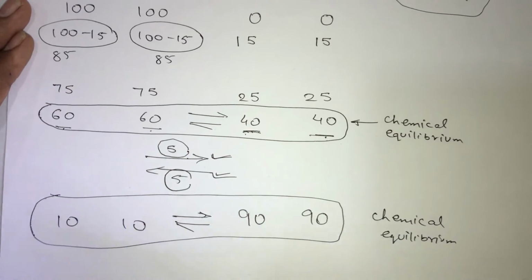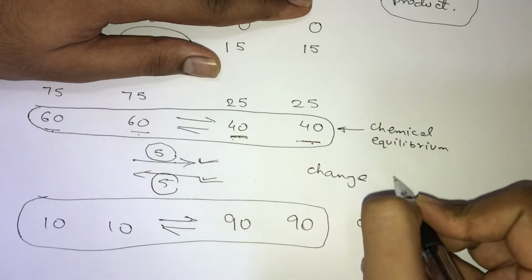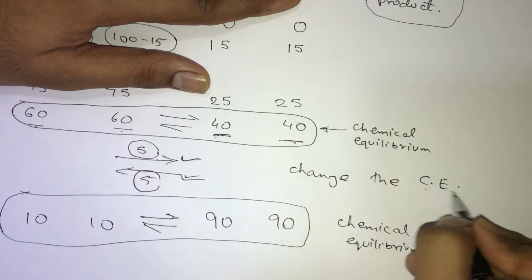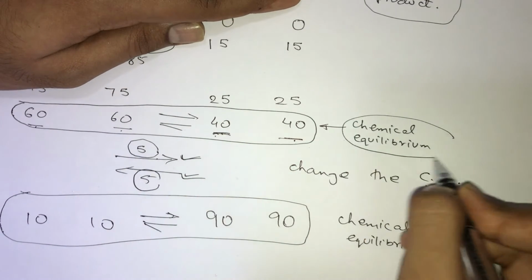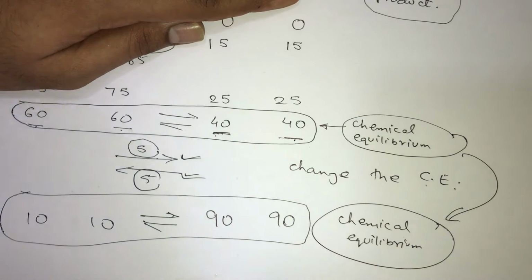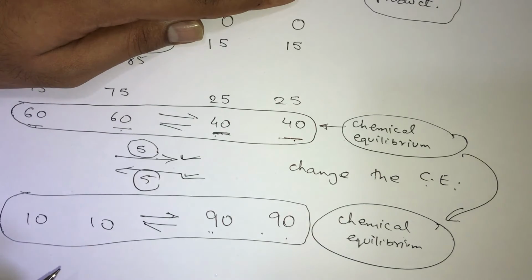So can I say guys that you need to change the chemical equilibrium? Am I right? You need to change the chemical equilibrium from this state to this state where you are having the maximum amount of product.